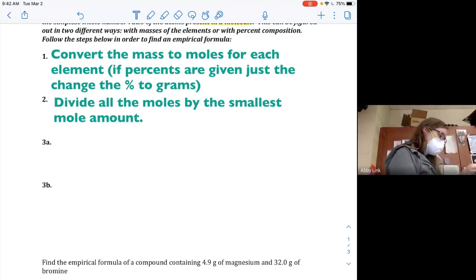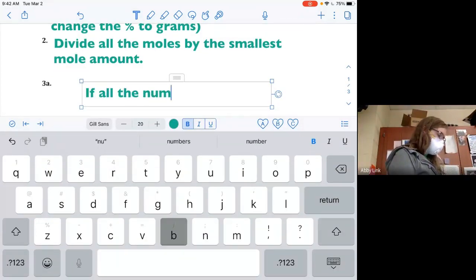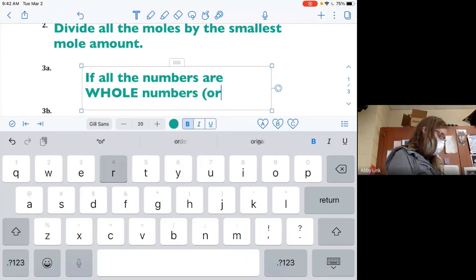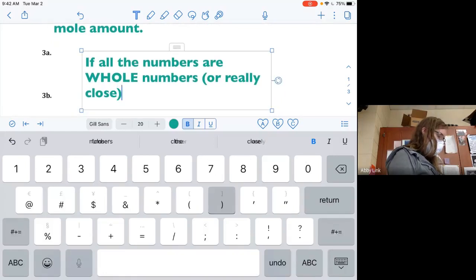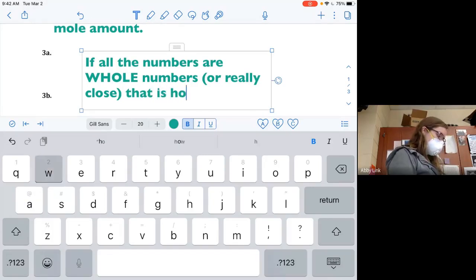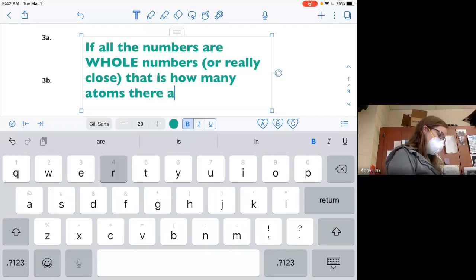Okay, now we get to step 3. We kind of have 2 different circumstances here. All right, if all the numbers after your division are whole numbers or really close, and we'll see some examples of this really close idea today. All right, that is how many atoms there are in the formula.